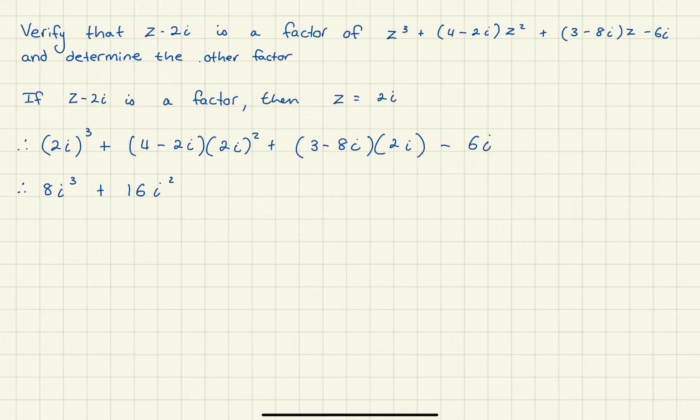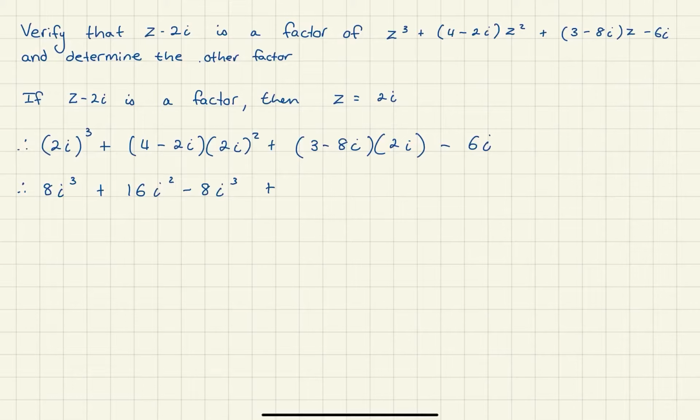And the next term, negative 2 times, remember this is 4i squared, so negative 2 times positive 4 is negative 8 i cubed. So this is looking pretty good. I can already see this 8i cubed is going to be cancelled by this negative 8i cubed. So that's good. Remember, I want this to add up to 0 right at the end.